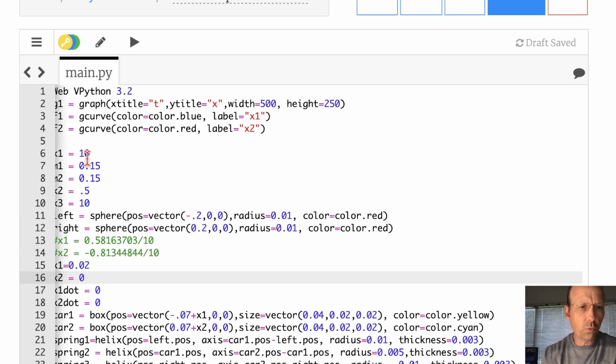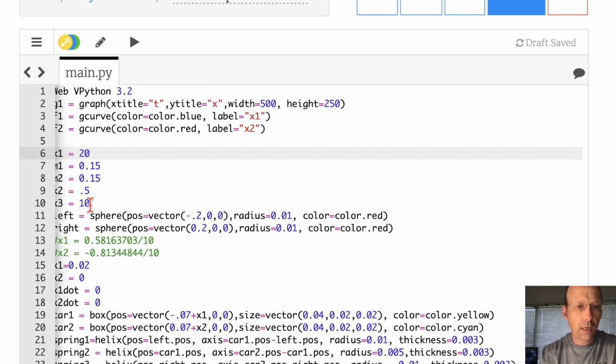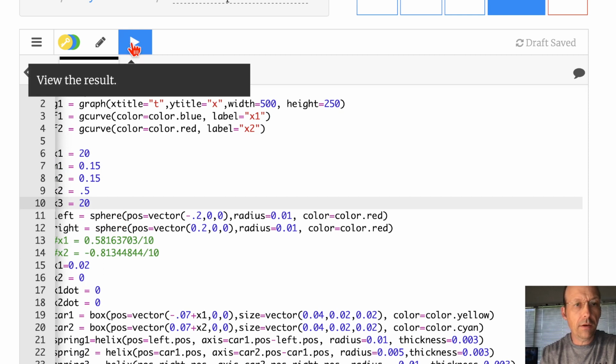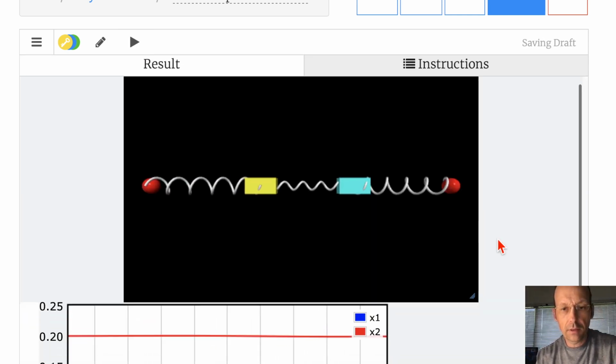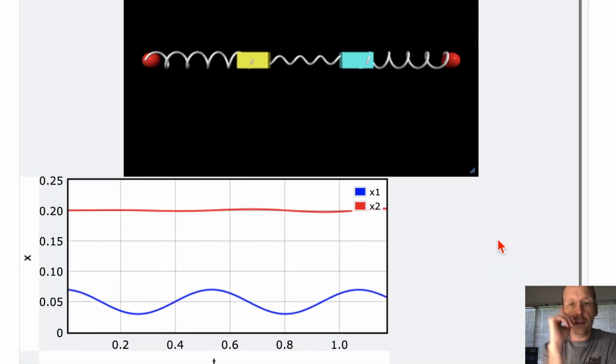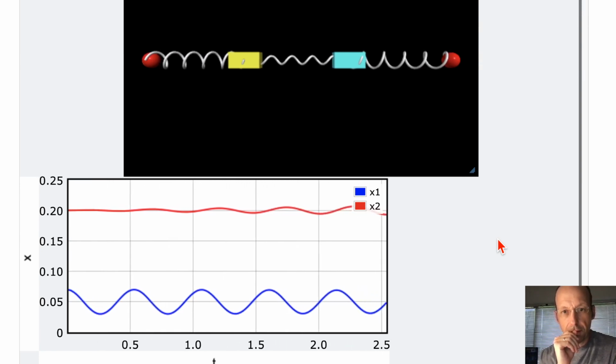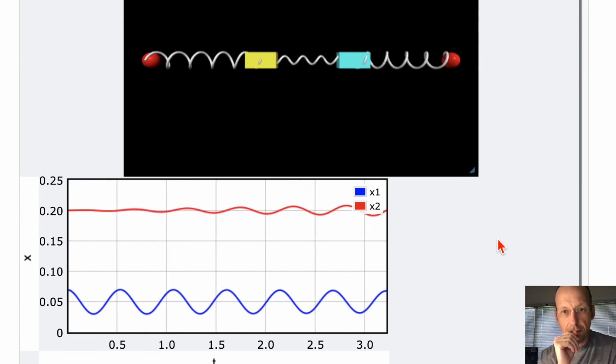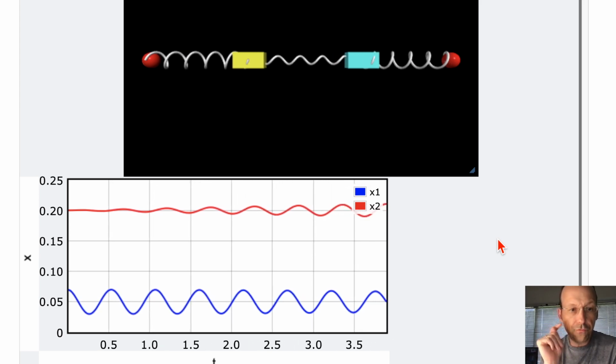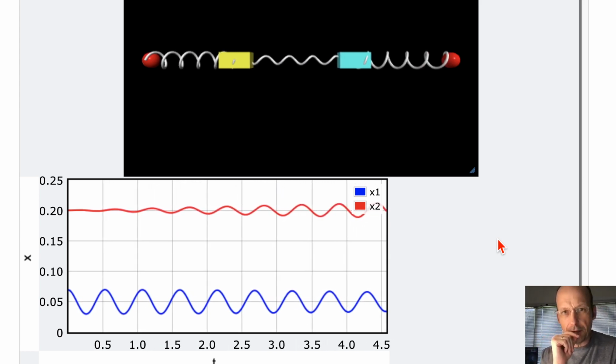So let's change this to 20 and that one to 20 and run it. Okay. I'm looking for the blue mass to stop. It doesn't look like it's stopping.